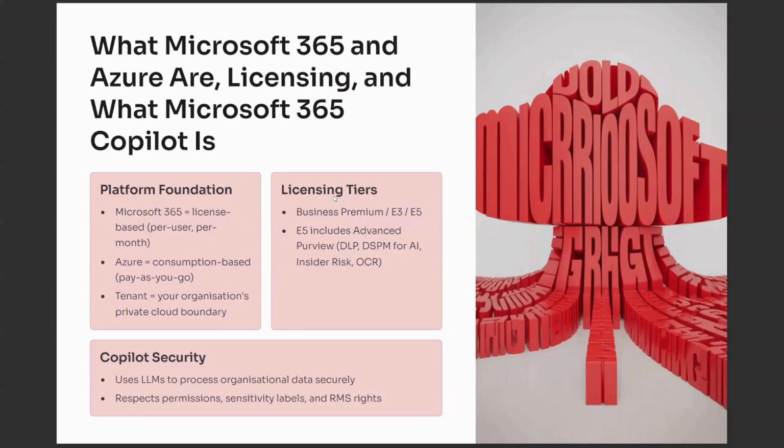The E5 licenses are mostly known to have most of the advanced solutions which you need to deploy your security around Copilot, such as DLP, which is data loss prevention, the data security posture management for AI, and then insider risk and OCR, which is optical character recognition. All of this depends on the licensing you have.